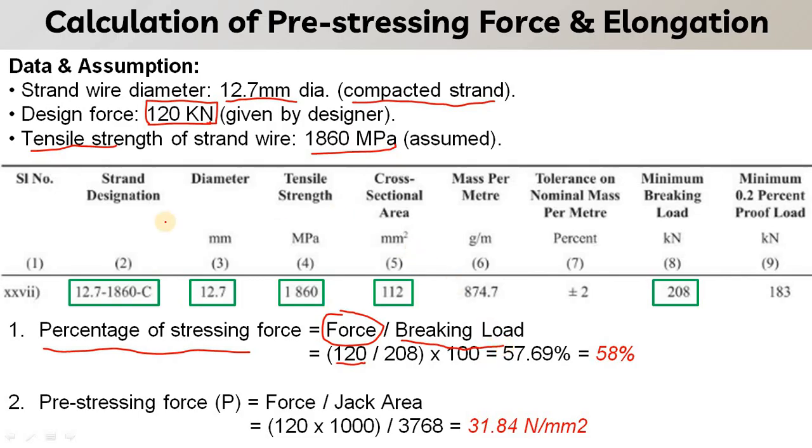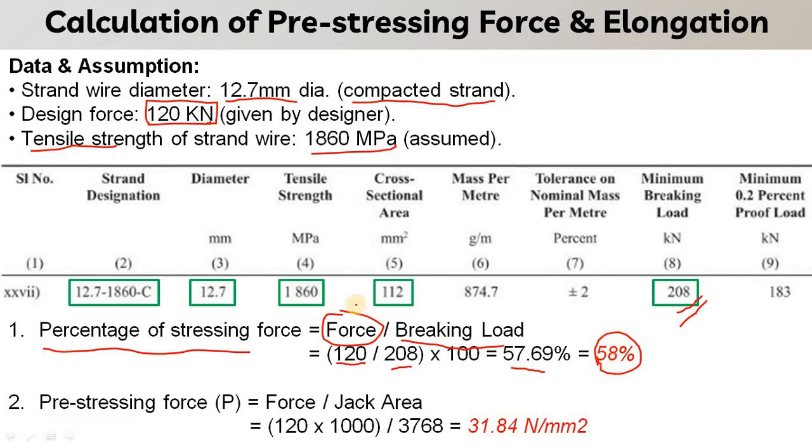So we will check the table in which we have 12.7 diameter strand wire, 1860 as the tensile capacity, and compacted strand. We have the minimum breaking load as 208, and we are using 208 as the breaking load. So we will get the percentage, which is 58%. It shows how much percent of pre-stressing force is applied.